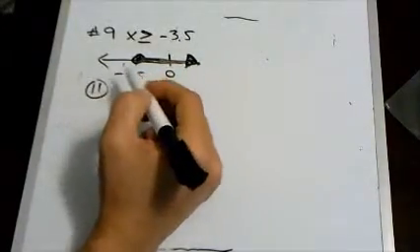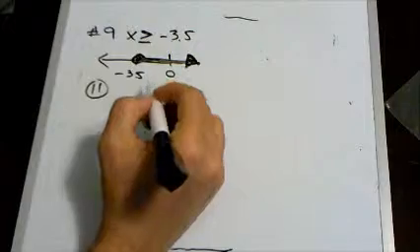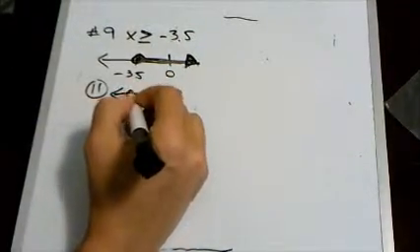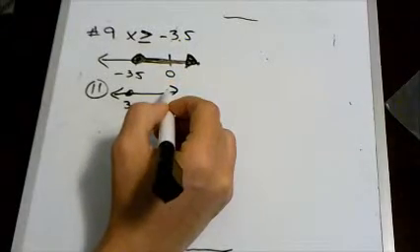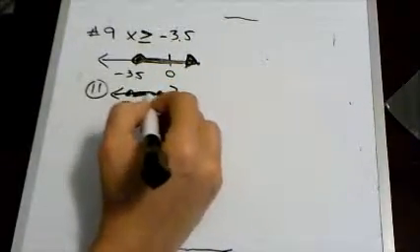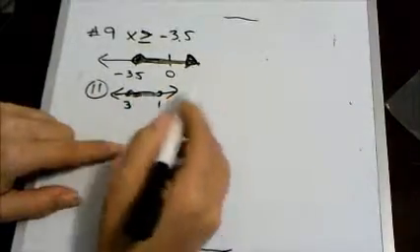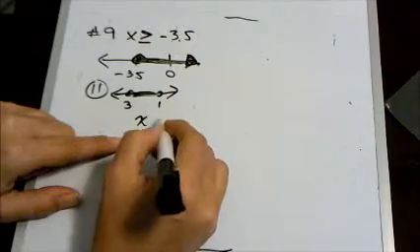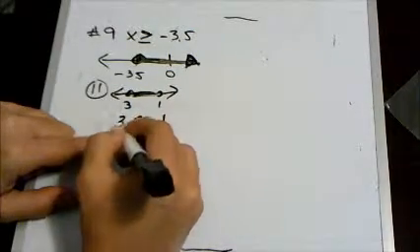Number 11, we have, in your book, it has here a 3 here and a 1 on this side. Notice that this is shaded in between. So since it's shaded in between, your x will be in between these two numbers, the 1 and the 3.